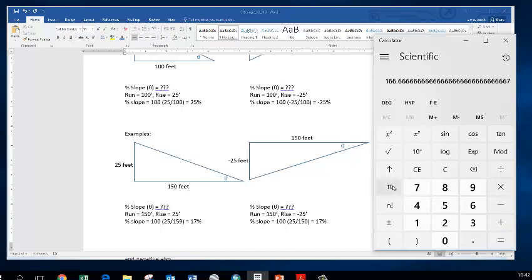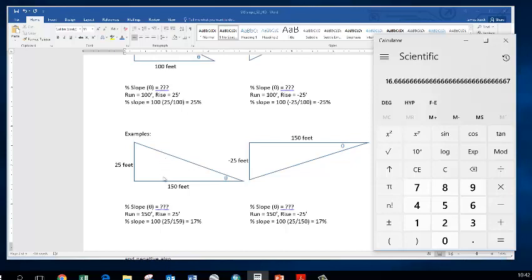Okay, that's incorrect. 25 divided by 150 times 100. There we go. Now it's going to work. I must have multiplied it by 1,000. About 17%. So it's not as steep, right? In other words, when I got out to 100 feet, which would be right about here, I've only gone up 17 feet.